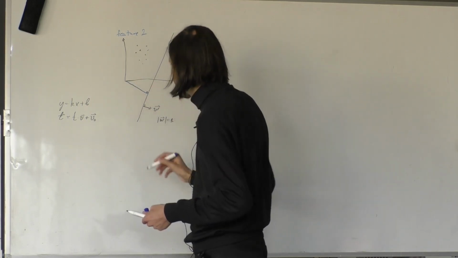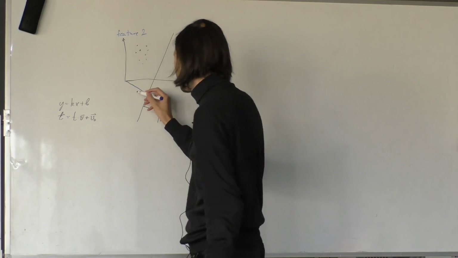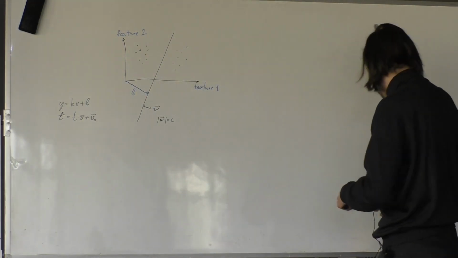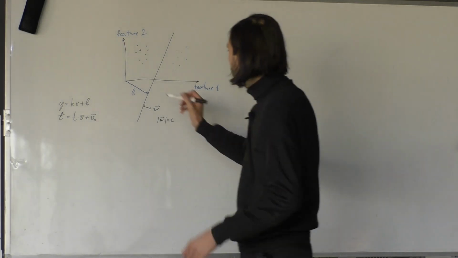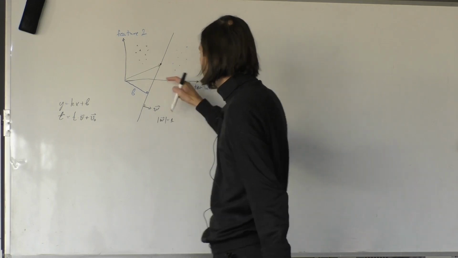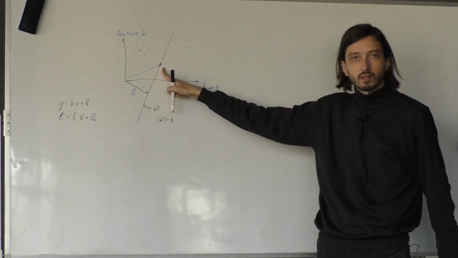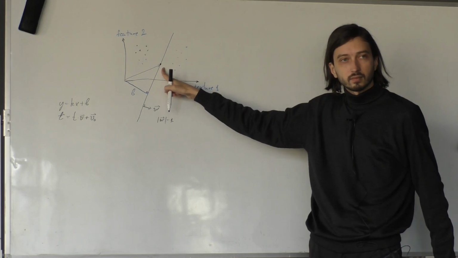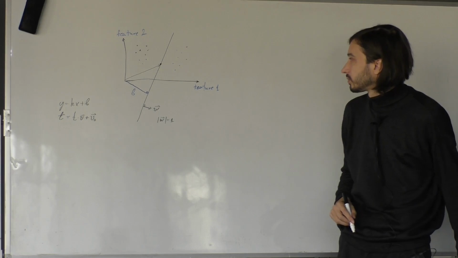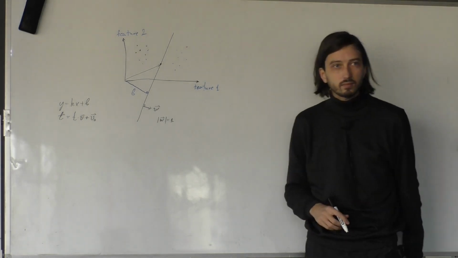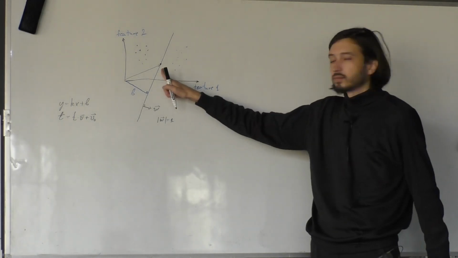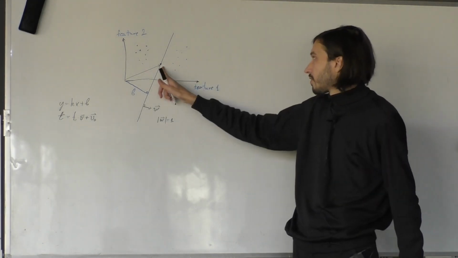It's one more perpendicular, and I suppose its length is equal, for example, to b. Now, what can I tell about any point that lies on this line? What's so special about these points?